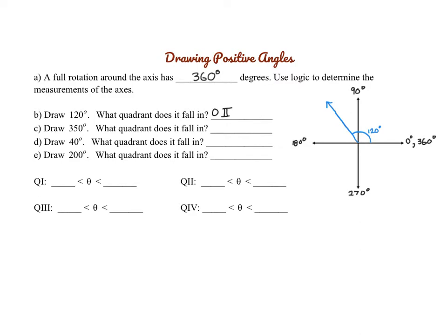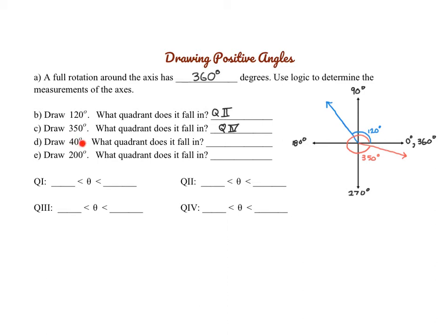So you can say Q2. All right, let's do 350. I see 350 degrees is between 270 and 360, and it's actually pretty close to 360, so maybe I'll draw it around here. Again, I can draw a little arc going all the way around to here, and we'll say 350 degrees. We can see this falls in quadrant 4.